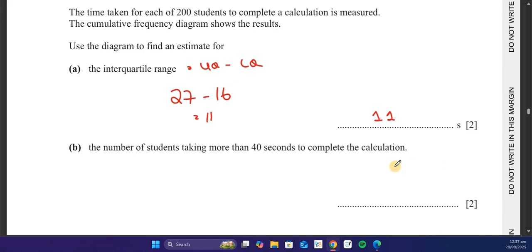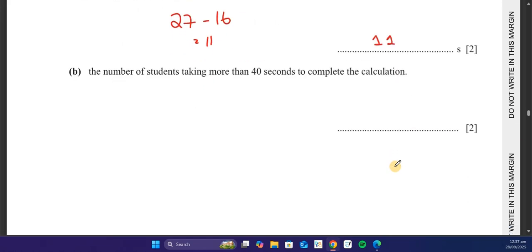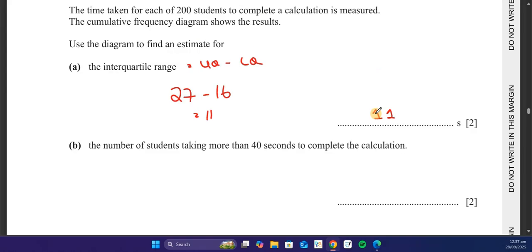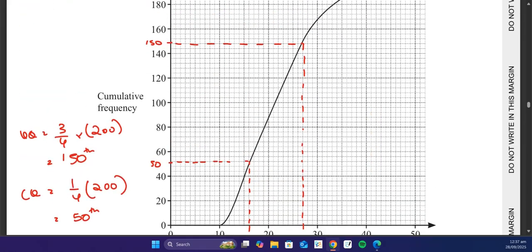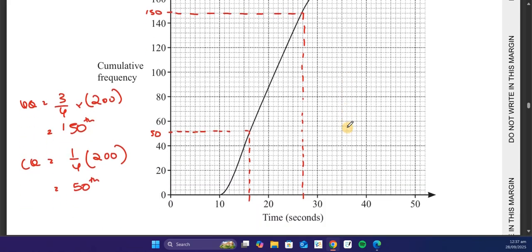So the number of students taking more than 40 seconds to complete a calculation. We need to figure out the number of students taking more than 40 seconds. So we're going to go over to 40, and find out the cumulative frequency at 40.